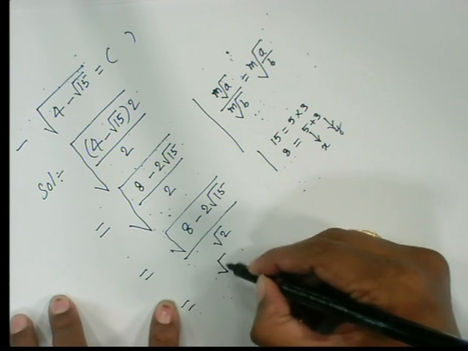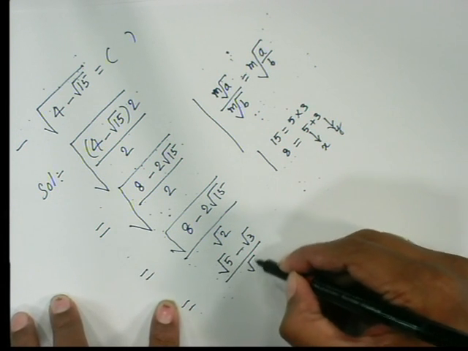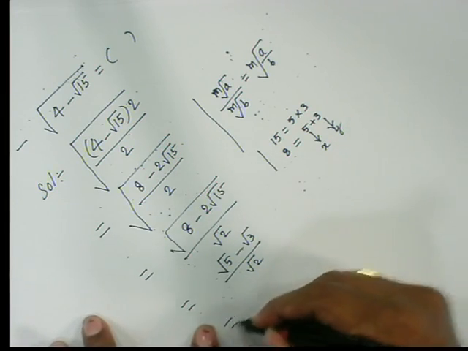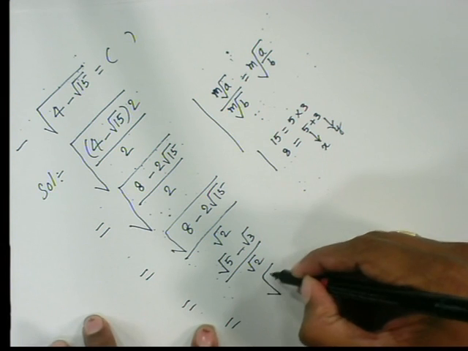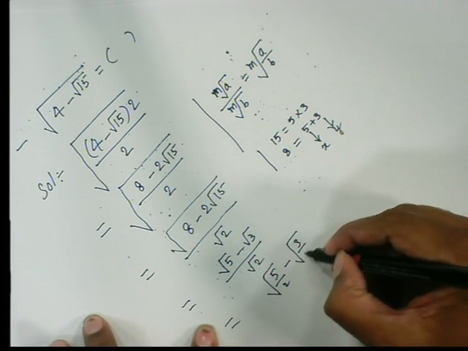So root 5 minus root 3 by root 2. Okay, need I explain or can I directly write? Okay, we can write directly also. Root 5 by root 2 minus root 3 by root 2. So our answer is root of 5 by 2 minus root of 3 by 2.